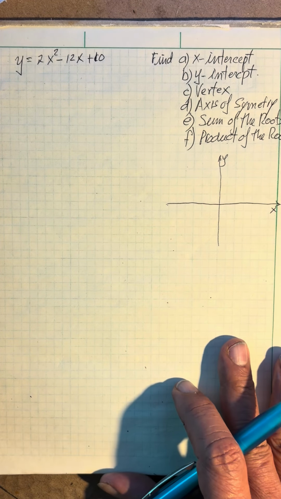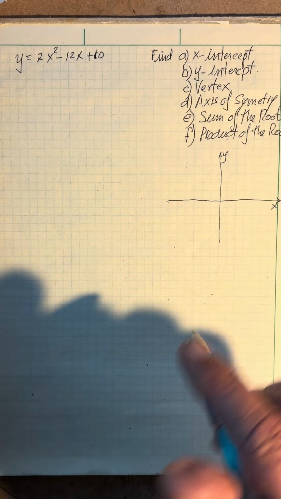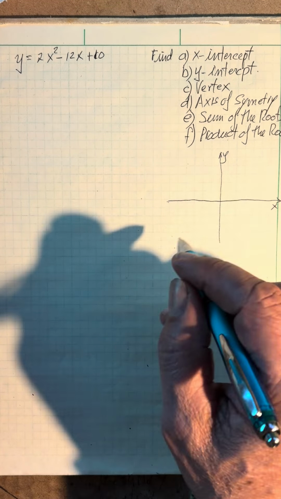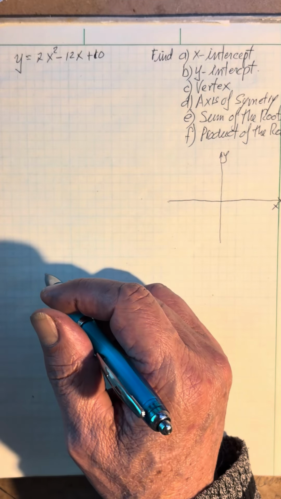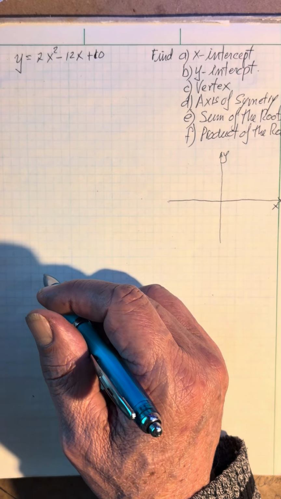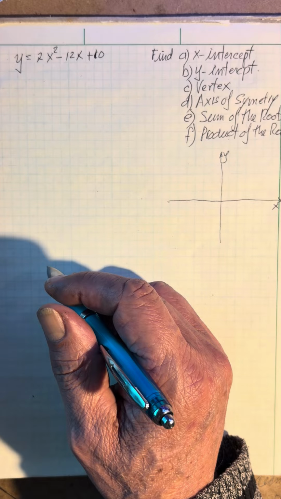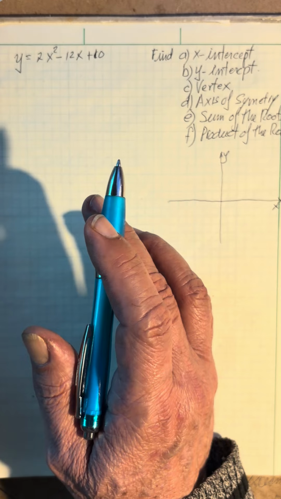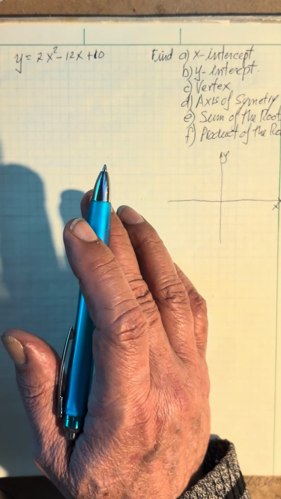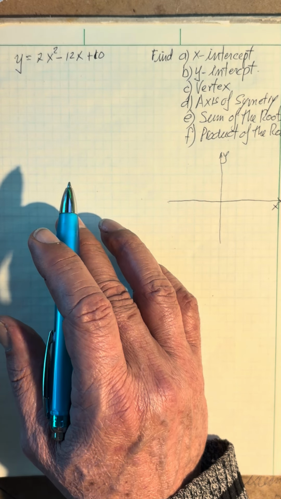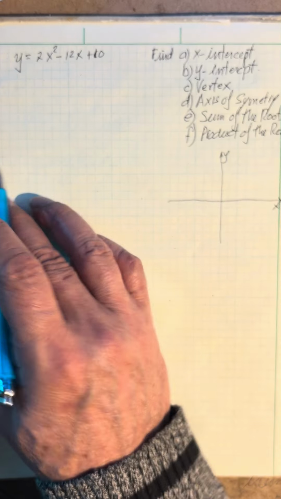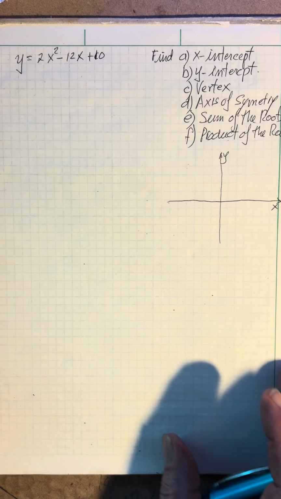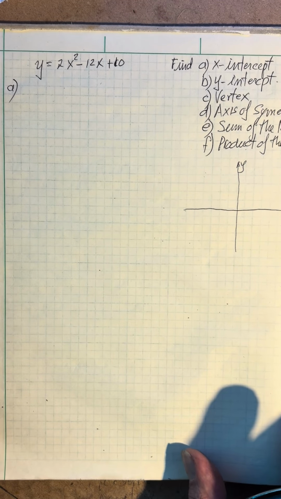Let's find the y-intercept. The y-intercept obviously is the point where the curve of the function crosses the y-axis. That happens when x is equal to 0.